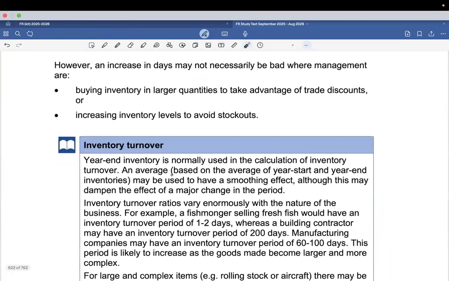Now, if the inventory holding period is increasing too much, it might not be that bad if that amount of inventory is being sold in larger quantities. So the larger the inventory, the holding period goes high.